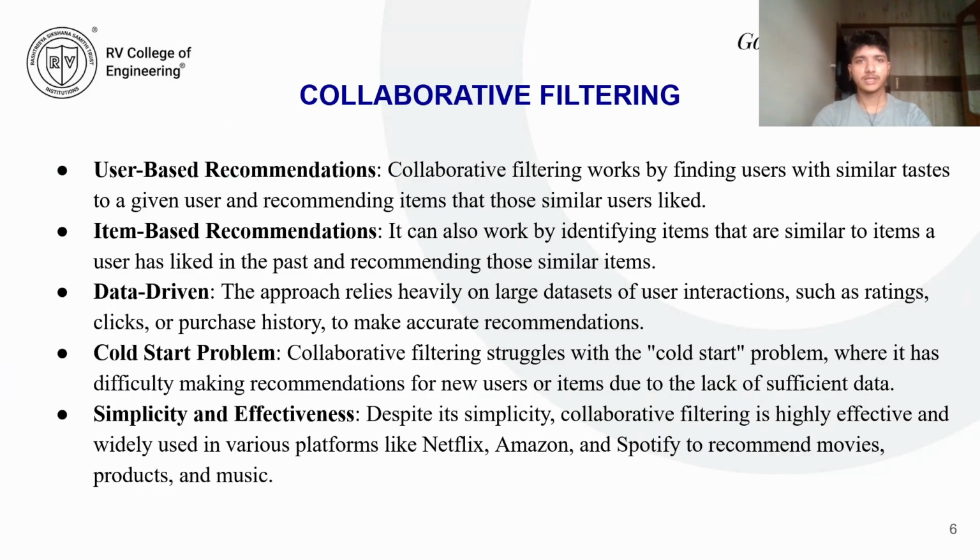Hello, I'm Shreyas, and I'll be talking about collaborative filtering and the objectives of this project. So, collaborative filtering technique is a method that uses information from multiple users to automatically predict a user's interest. It works by analyzing how similar users have interacted with items to recommend them to other users.